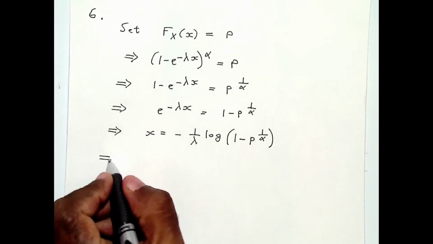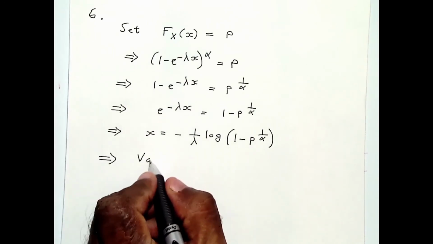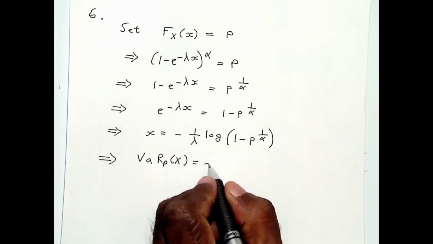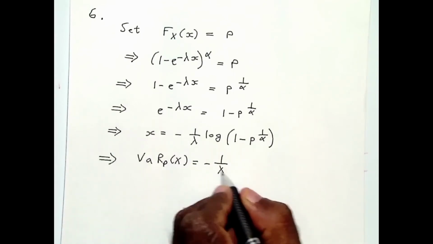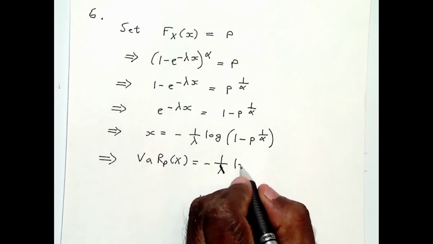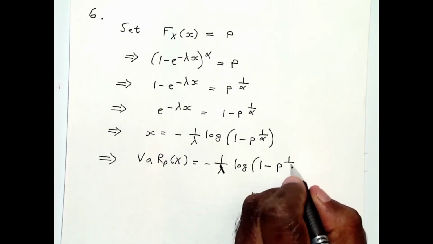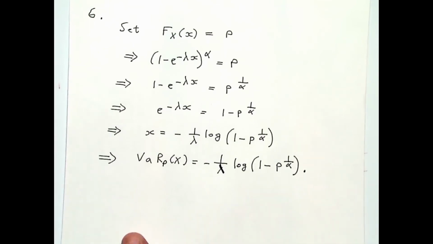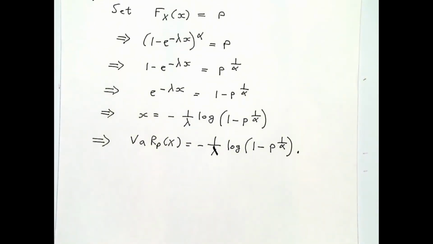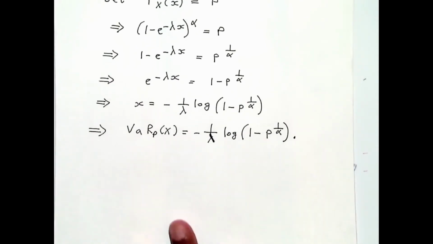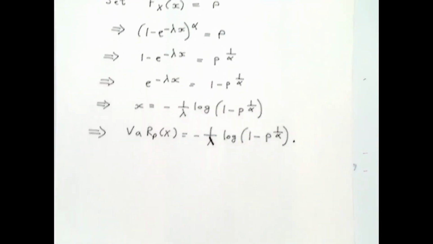So hence, the value at risk of x is equal to this value. So that completes part 6 of sheet 7, right?